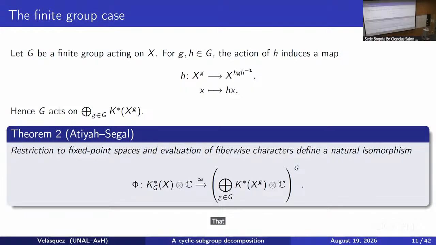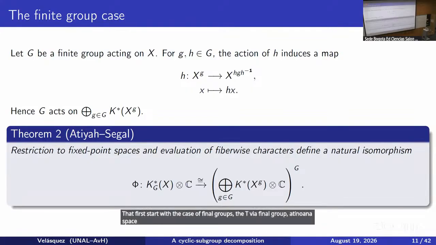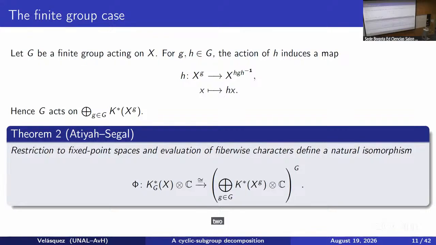First, start with the case of finite groups. Let G be a finite group acting on a space. For two elements in the group, we can take the g fixed points under the action. Then we take a point that is fixed by g and apply the action of h.